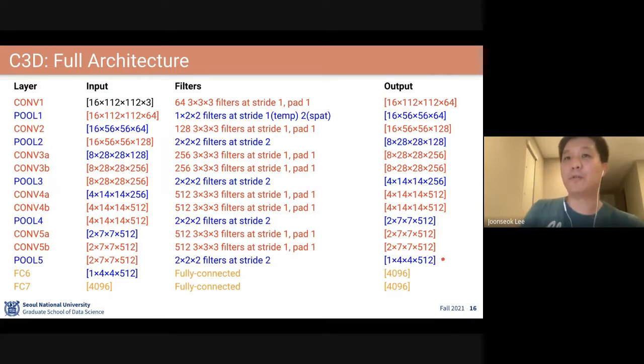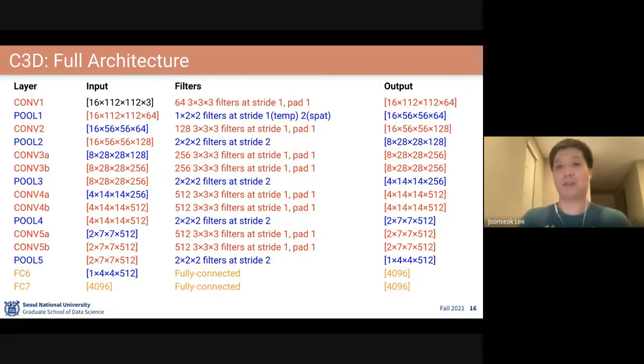So the final output size is just one frame with 4 by 4 times 512 channels. Then it is fully connected to 4096, and another fully connected layer, and then it's mapped to the number of classes, which was about 400 for their data set.